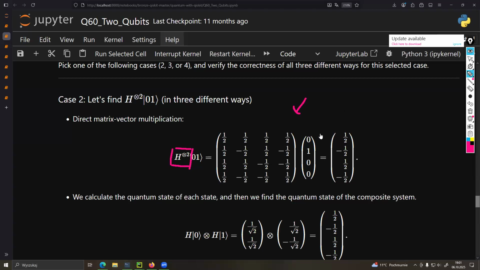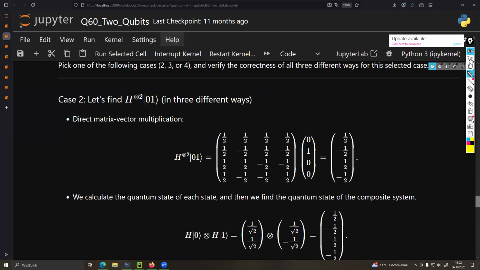We are presented in this notebook with the different ways that we can reason about the multiplication and the construction of these states. So here, for example, as I have shown you previously, this column vector. Okay, I see the second entry, so I take the second column, and that's exactly it, right?